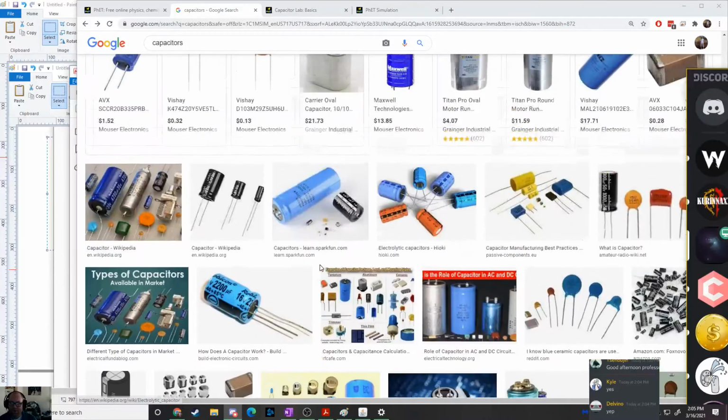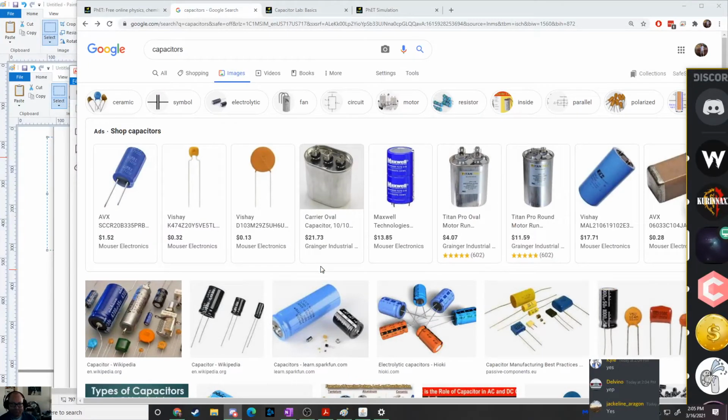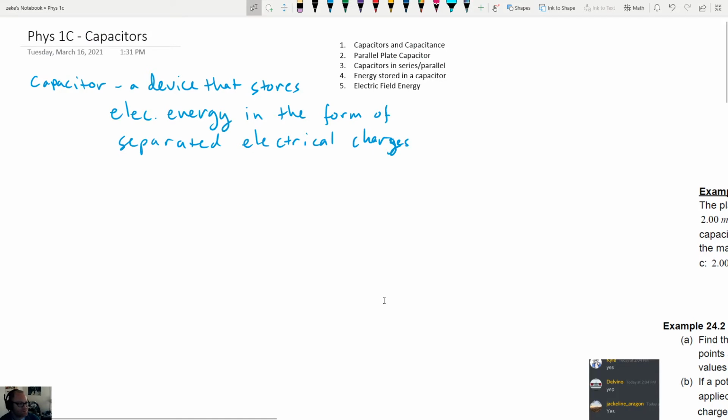Okay. So we want to learn what they do, why we use them, and all that stuff today. But we'll just start off by saying that there are a lot of applications of these things. They're found in all types of devices, right?